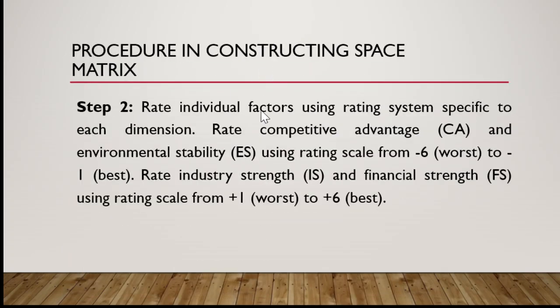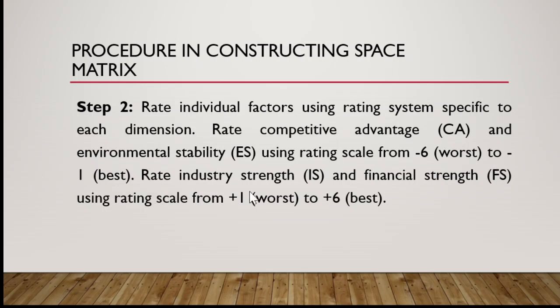And then step 2, rate individual factors, using a rating system specific to each dimension. So, sabi nga natin kanina kung ano yung mga possible values, between -1 to -6 or between +1 and +6. Okay, so rate competitive advantage and environmental stability using a rating scale from -6, the worst, to -1, the best.